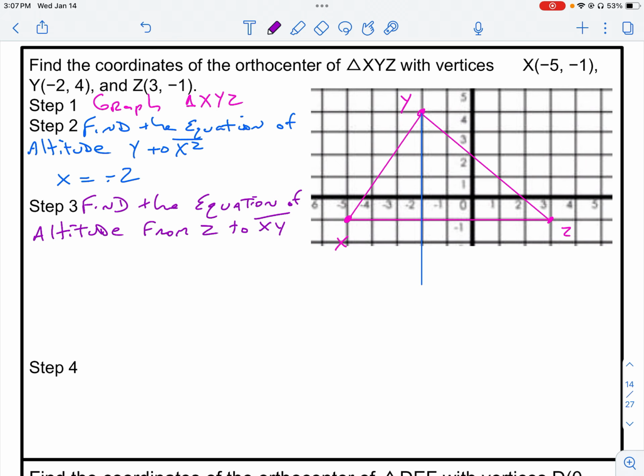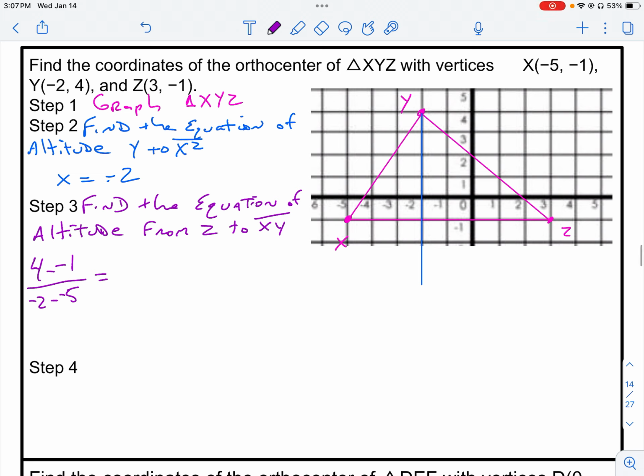So we got to find the slope of XY. So the slope of XY is the change in y over the change in x.